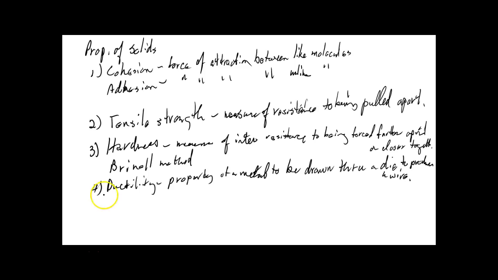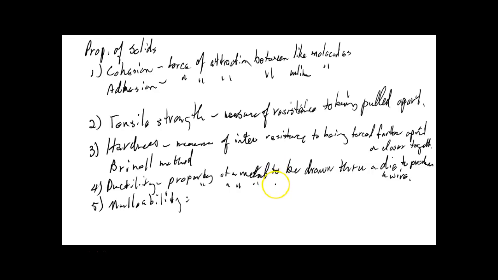Another one here is malleability. M-A-L-L-E-A-B-I-L-I-T-Y. Ability is the last part, M-A-L-L-E is the first part. And that is the property of a metal. These are getting into metals now.